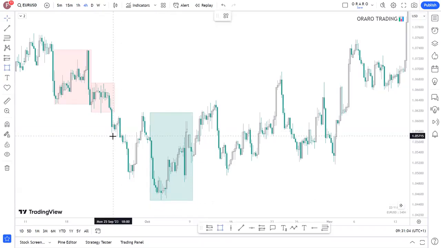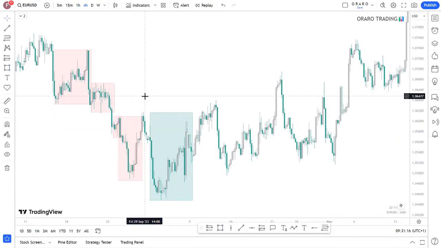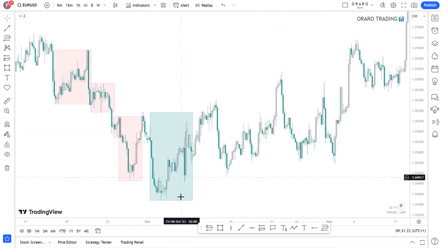Price comes back, you can see the bearish order flow, this one. Then what happened again? Did this one break this high? Yes, it did. So in this case, order flow switched bullish. Then order flow now switched bearish again.